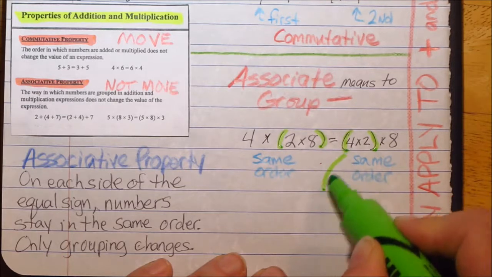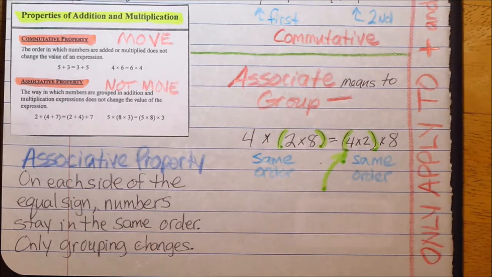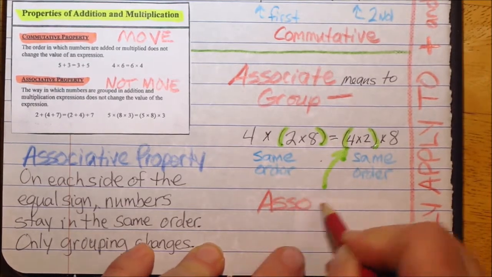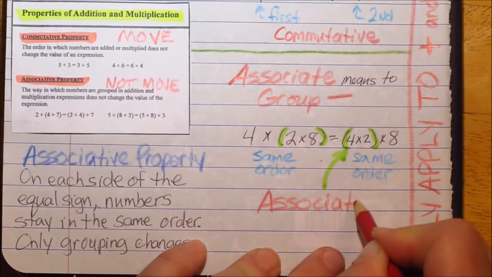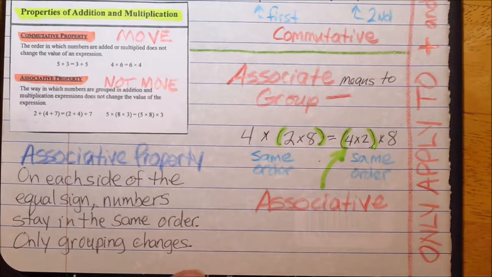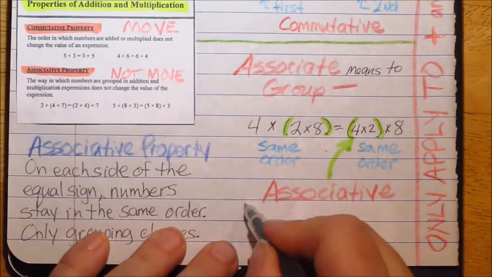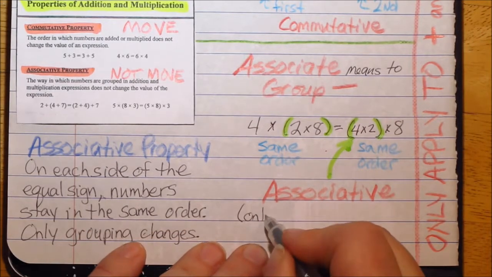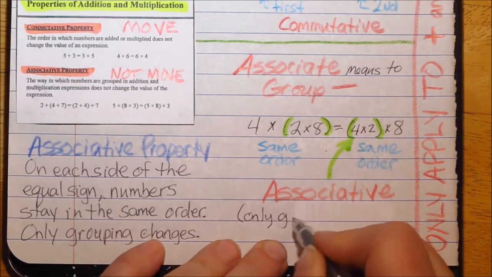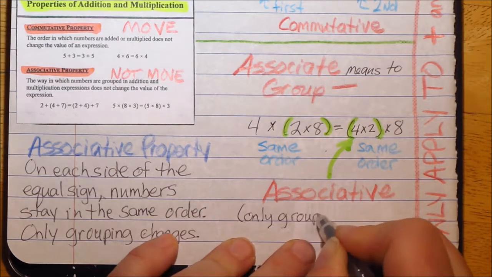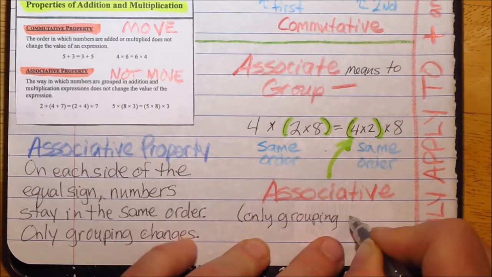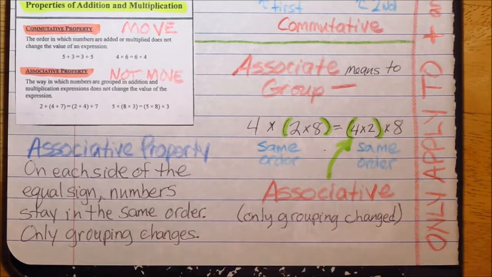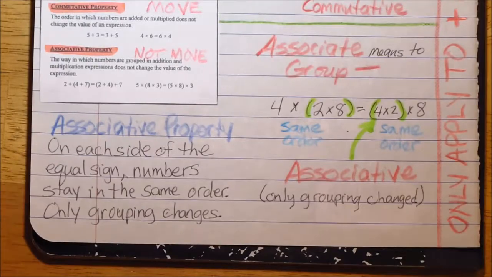And that's what makes it associative. I'm going to put under here only grouping changed. The order of the numbers stayed the same. All right, so there's your notes for associative.